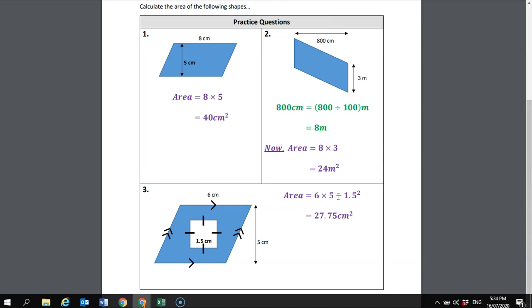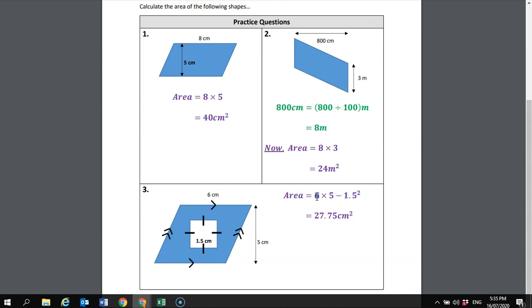So minus, and then we have to recognize what sort of shape this is. Well, it's a rectangle or a square. Remember, a square is just a special type of rectangle. And the area of a rectangle is length times width. And because this is a square, the length and the width are the same, 1.5. So the area of this piece that we're removing is 1.5 times 1.5. In other words, 1.5 squared.